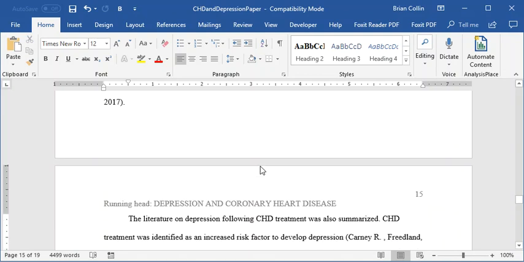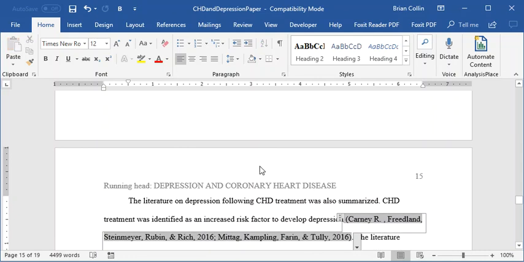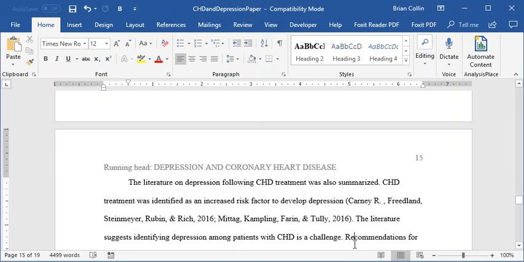Now, my second aim: the literature on depression following heart disease treatment was also summarized. Heart disease treatment was identified as a risk factor for depression. People who got diagnosed with heart disease were more likely to get depression afterward, which is understandable. Someone who gets diagnosed with heart disease may feel depressed after that.